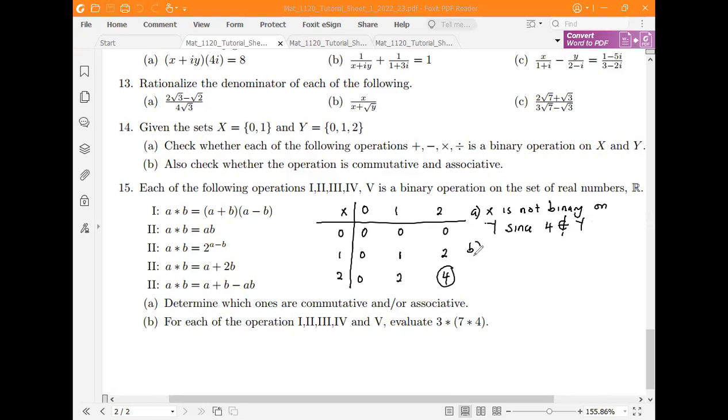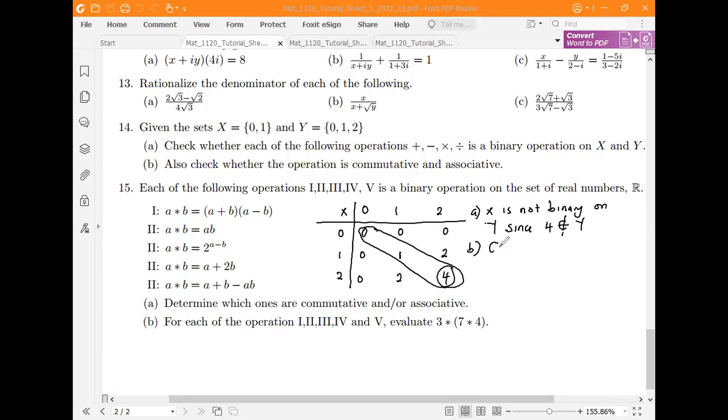The B part, is it commutative? So multiplication here is commutative because if you do 0 times 1, you get the same answer as 1 times 0. So for as long as when you draw this line, all numbers on top and down are the same, then you know that it's commutative.